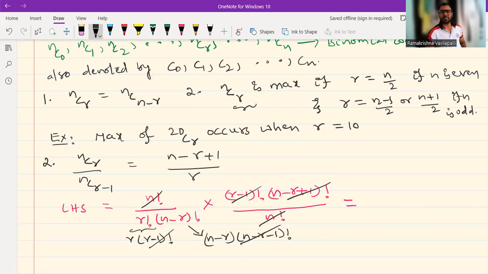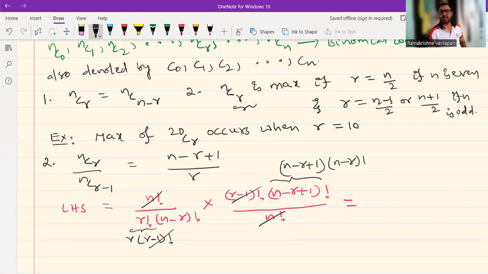Sorry, one minute. (n-r+1) is bigger than (n-r), so (n-r+1)! can be written as (n-r+1) into (n-r)!.